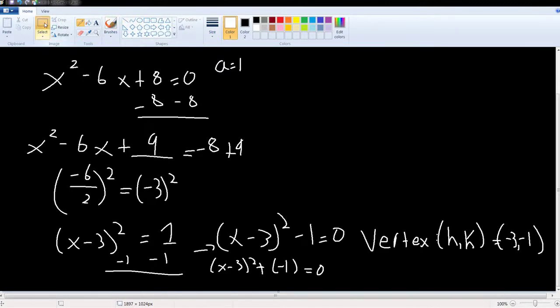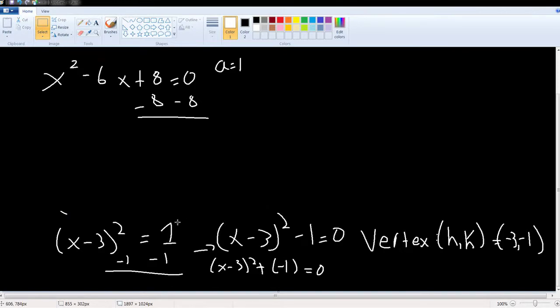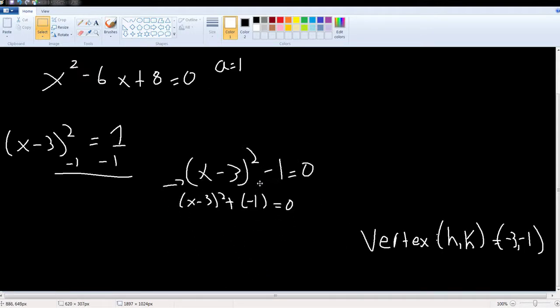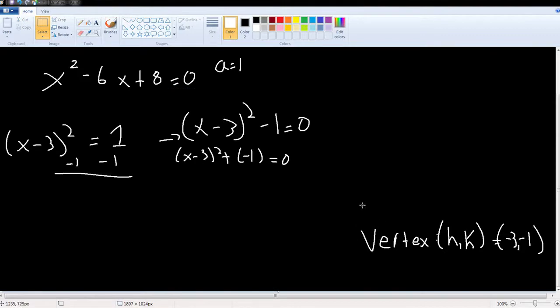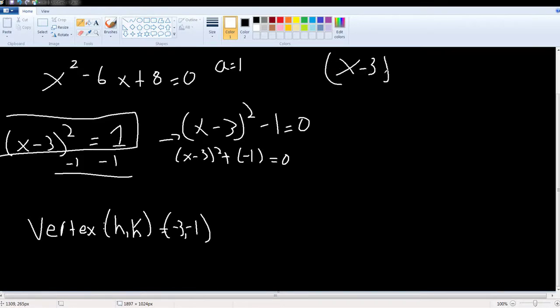But now to solve for the roots, right? Let me just erase this. So to solve for the roots, we would begin from this portion. X minus 3 squared equals 1.